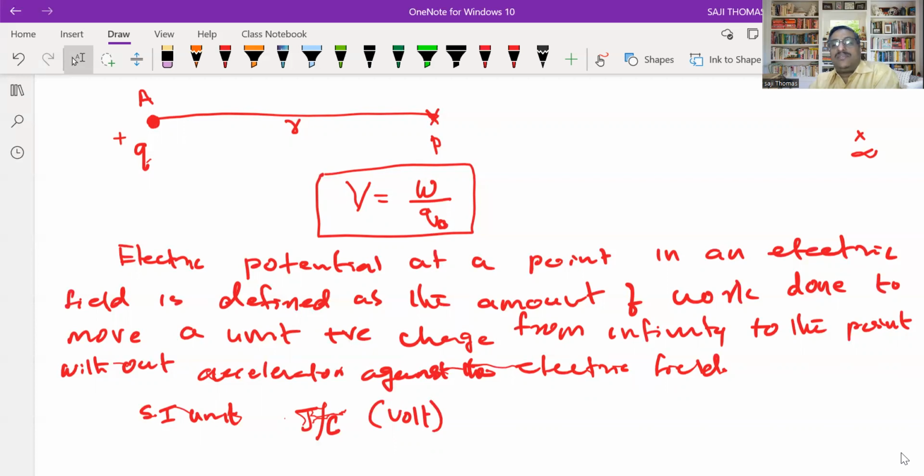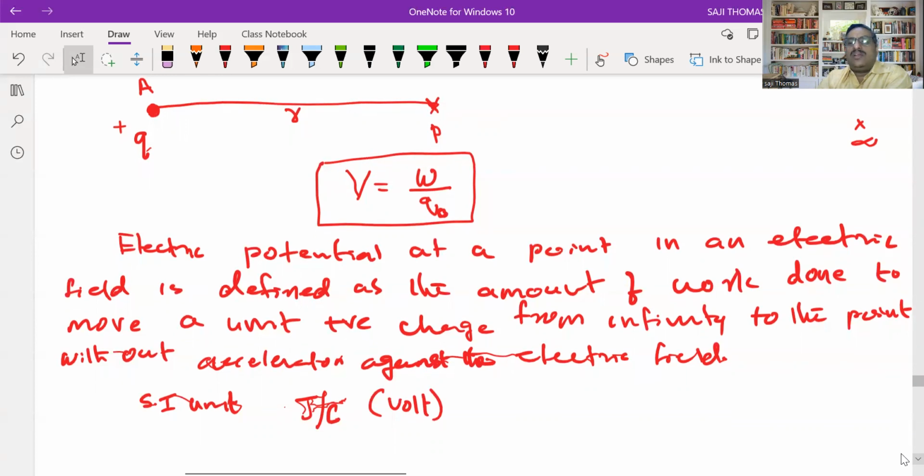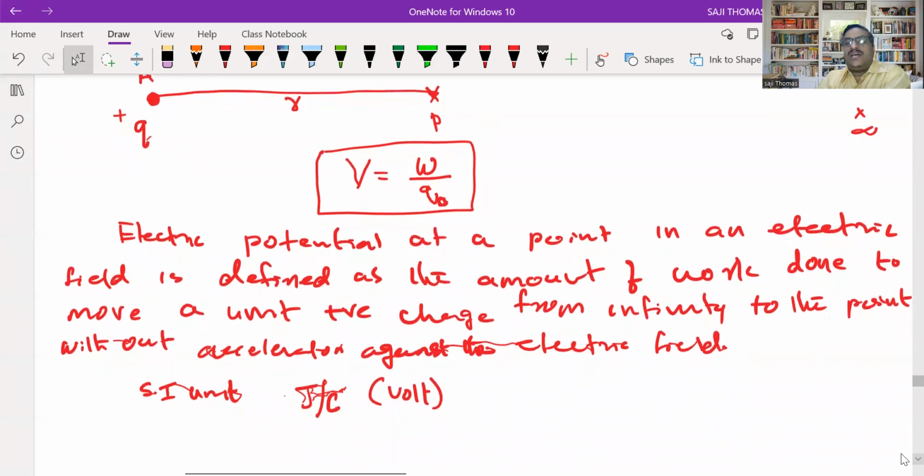So potential difference between 2 points is the amount of work done to move unit positive charge from one point to another point. Suppose we are moving the charge from a point B to A.